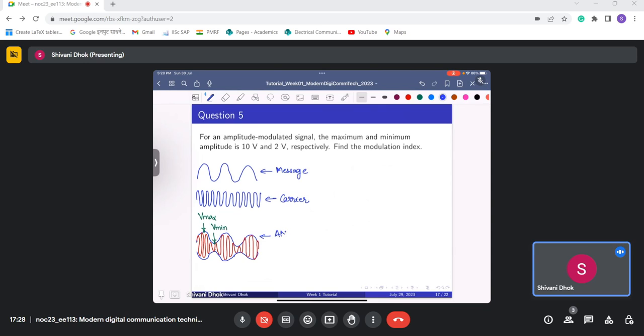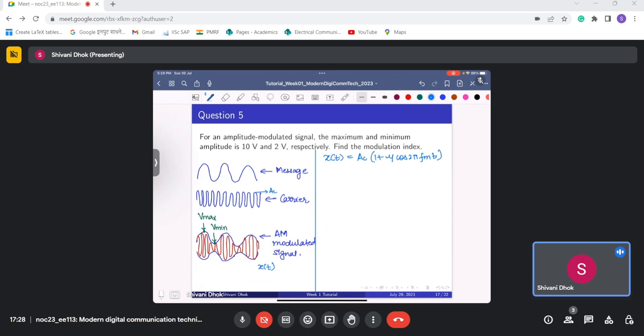Okay, now how to use this information in order to get the modulation index. Now this is the AM modulated signal, and let's say this is x of t. So this x of t is given as AC, which is the amplitude, 1 plus mu times cos 2 pi fm t, when my message signal has frequency fm.